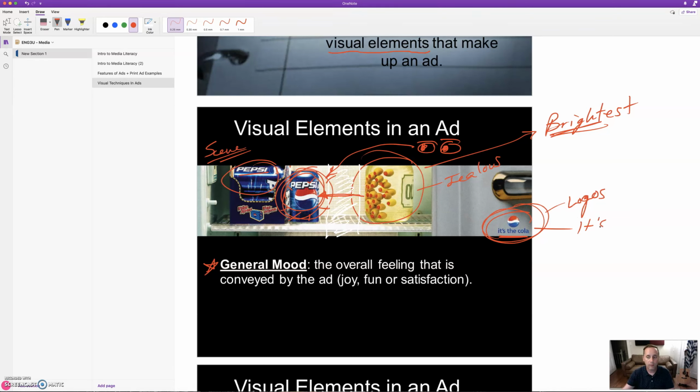It's the cola means it's because of Pepsi being so good. Basically, right? That's why they're staring. So the general mood on this one is really fun and playful, we could say, right? Uses color, uses light and dark in a very good way, and it's very balanced.